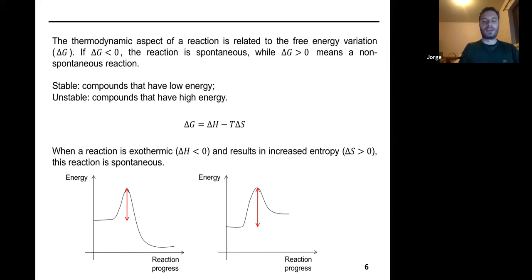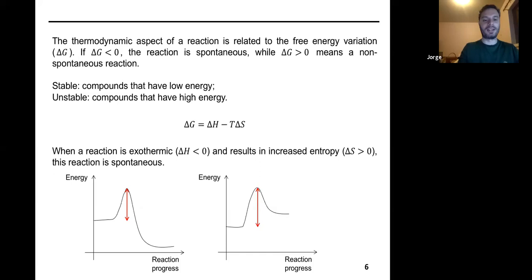So let's take a look here at two different reactions. The first one, the energy of the products is lower than the energy of the reagents, and in the second case it is the opposite. The energy of the products is higher than the energy of the reagents. What does that mean?